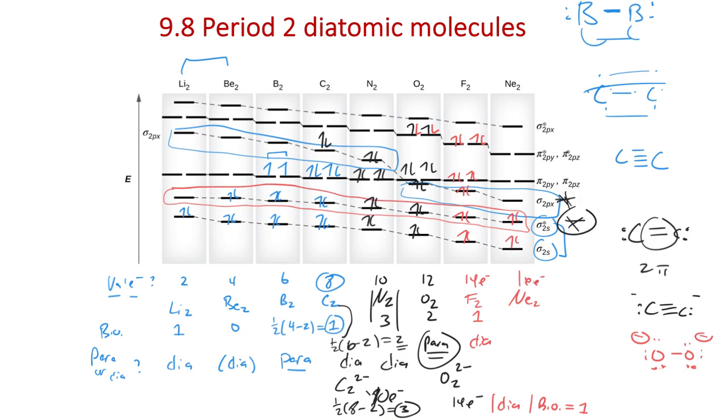So 2, 4, 6, 8, 10, 12, 14, 16. And so we're now back down to a bond order of 0, 8 minus 8, times a half. And then you can put di in parentheses. And again, just thinking it doesn't really exist, but if it did, we would expect that it wouldn't have unpaired electrons.